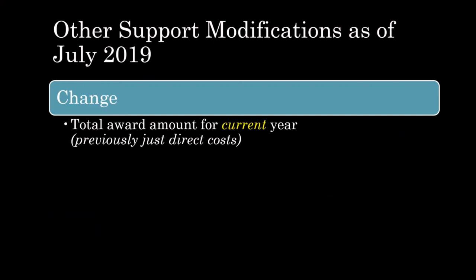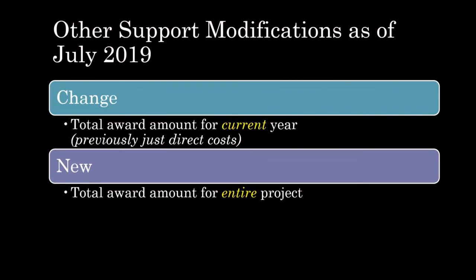So what are the other support modifications as of July 2019? So one of the changes is NIH now requests the total award amount for the current year. So previously, we always just included the direct cost for the current budget year. Now we need to include both the total award amount, direct and indirect, for the entire project, and the total award amount for the entire budget year.